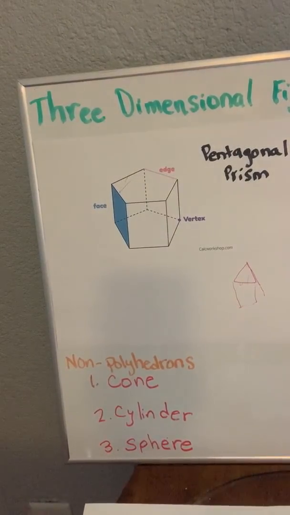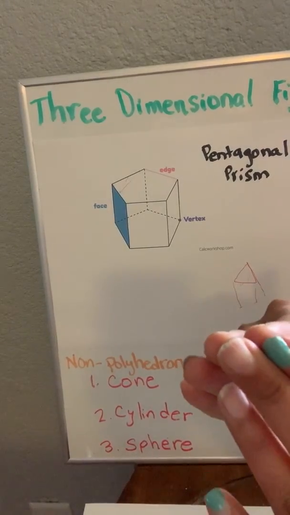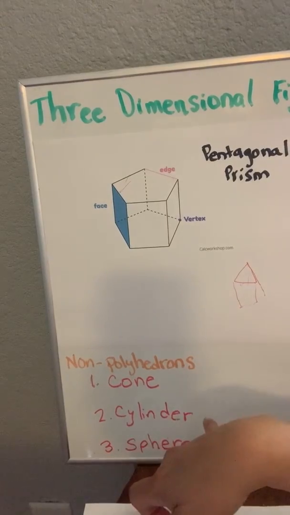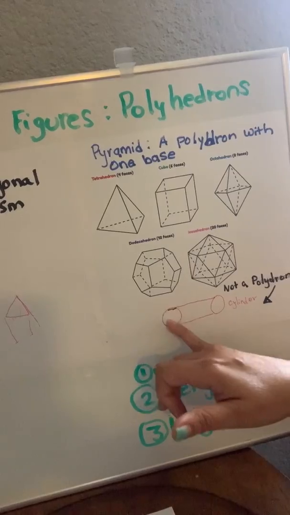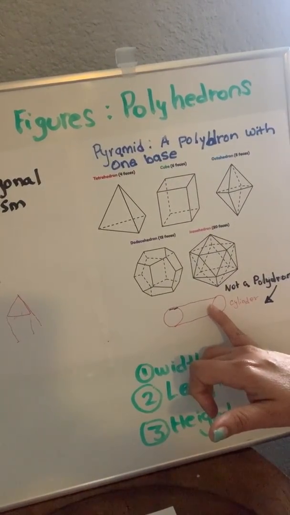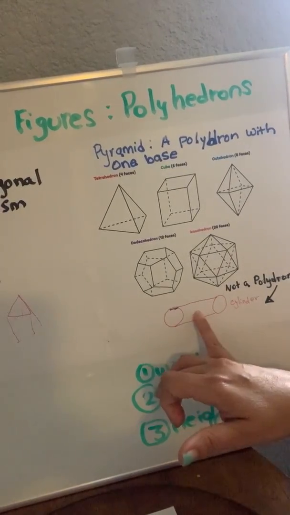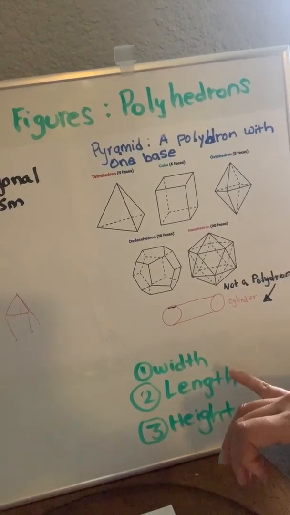They have circular bases. The cone has a circular base and it's like a pyramid, but it is not a polyhedron. A cylinder is going to look like this, right? With two circular bases. And remember, circles are not polygons, therefore it's not going to be a polyhedron.